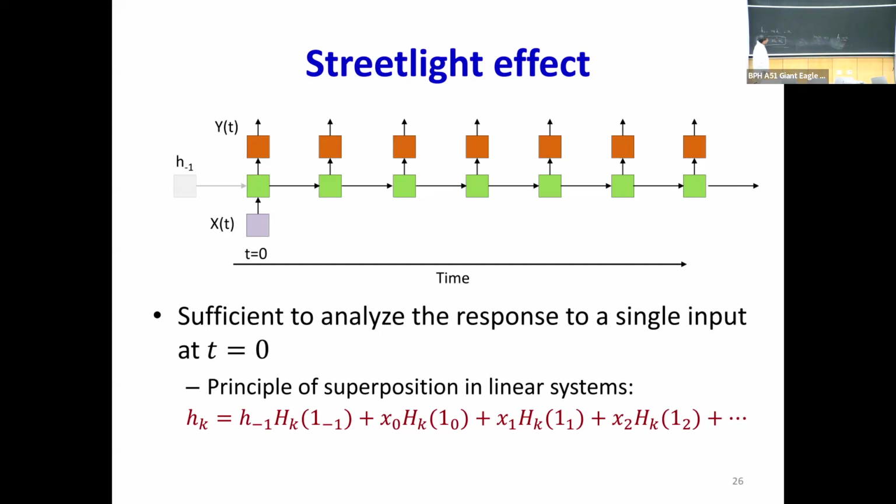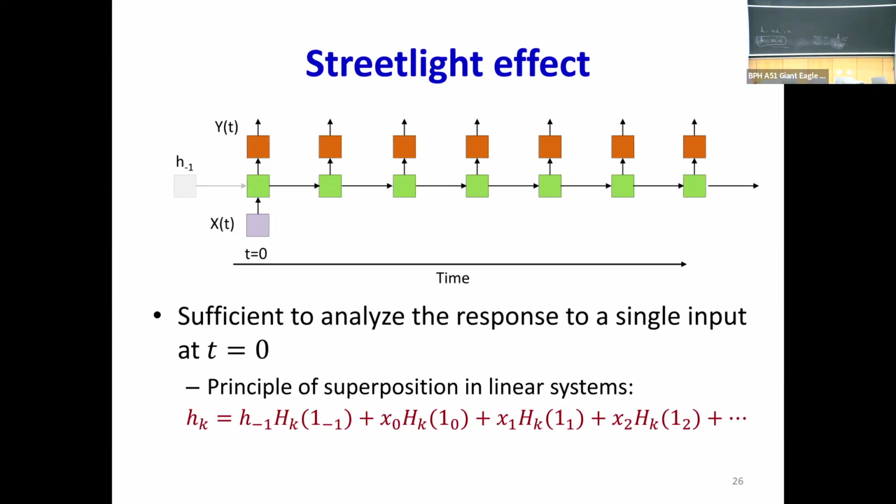What happens if WH is less than 1? It's just going to go to 0. What did not happen? The actual value of X was forgotten, right?